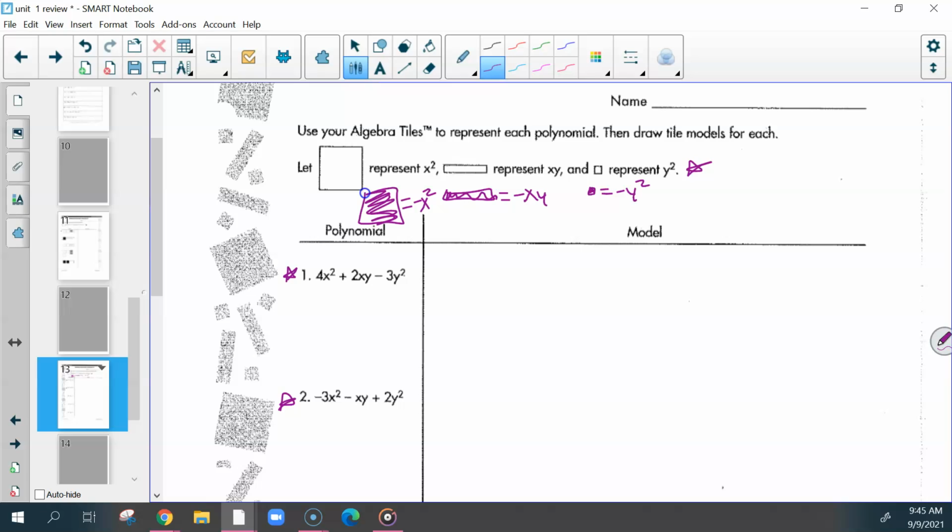How would I represent that part? Would I use a bigger square, the rectangle, or the small square? I heard the biggest square. What did you say after that? Four of them.